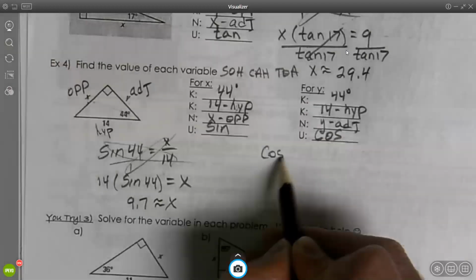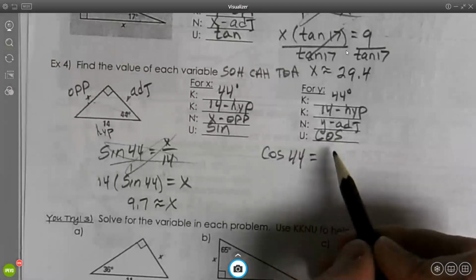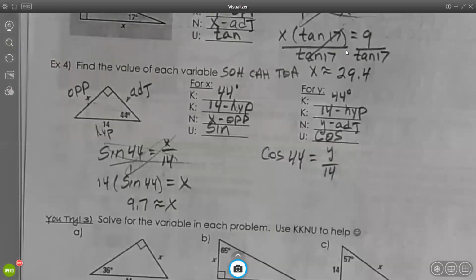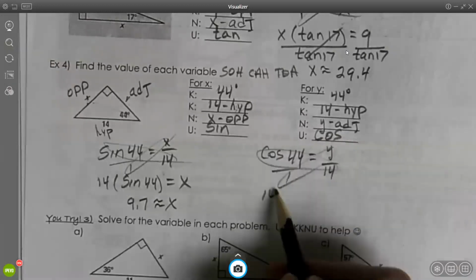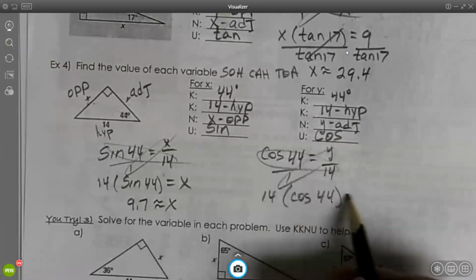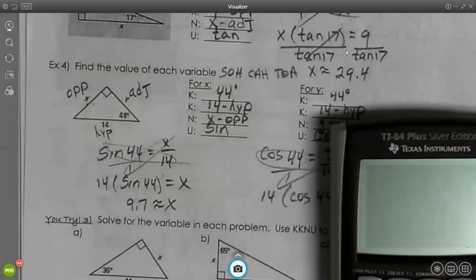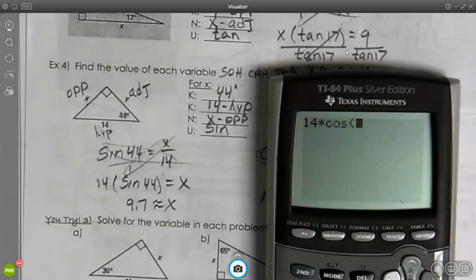So cosine of 44 equals the adjacent, which is our unknown, over the hypotenuse. Set that over 1. 14 times the cosine of 44.